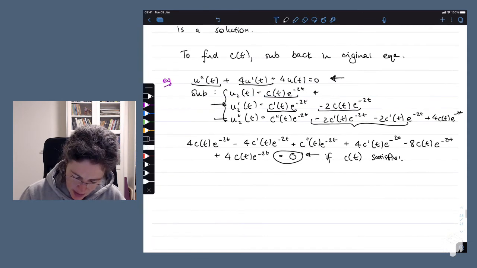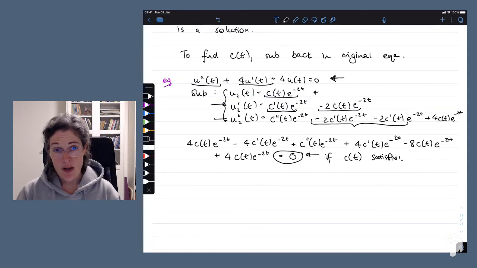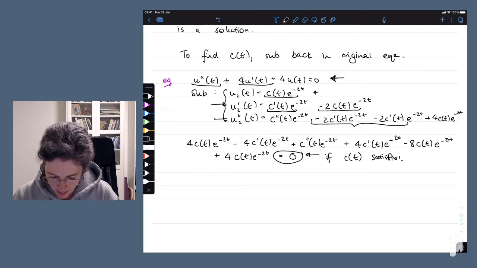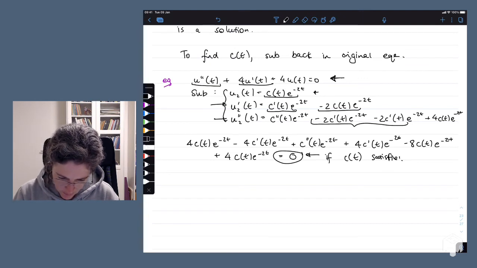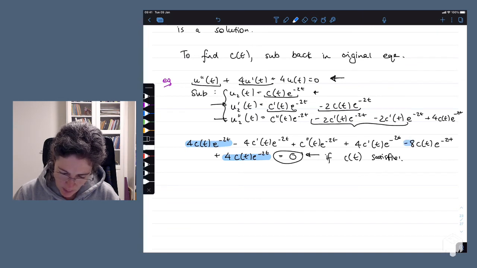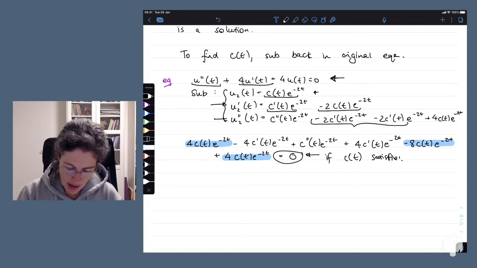And this is the great bit, because this all looks a little bit hairy, but you'll notice that we have a 4c of t e to the minus 2t, and here's another 4c of t e to the minus 2t, but over here we have minus 8c of t e to the minus 2t, so those all cancel. Yay!